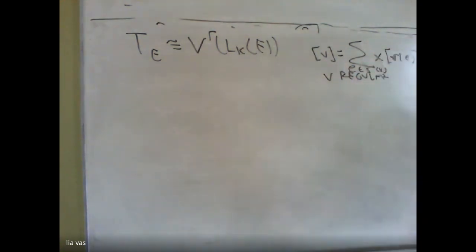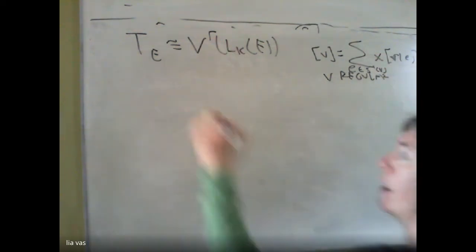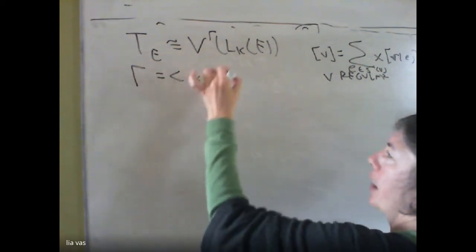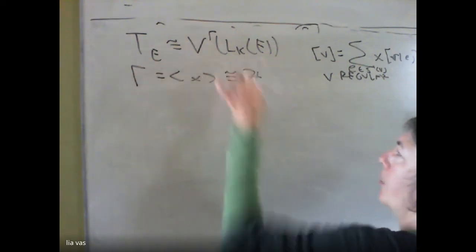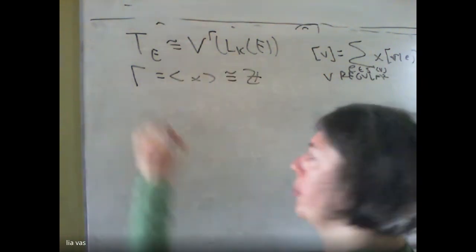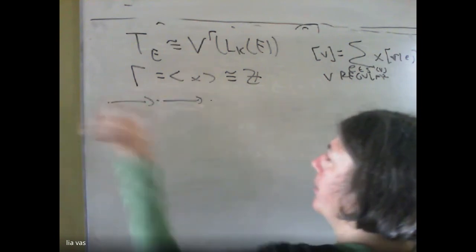So this is pretty much the same relation as before, except that now we have that x, and that x is this action of our gamma, and our gamma for us will be the infinite group generated by x, so it's isomorphic to Z, right?